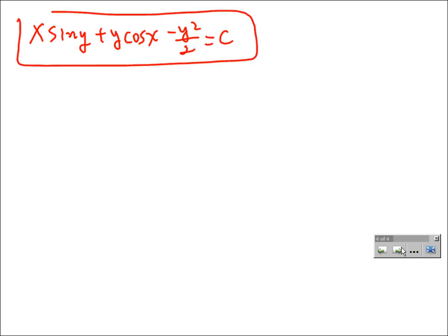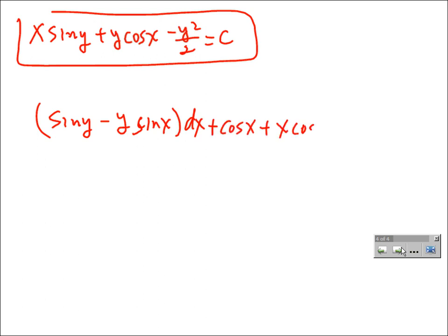This is the solution to this differential equation. Now, who knows? Maybe I'm crazy. Maybe it's not true.